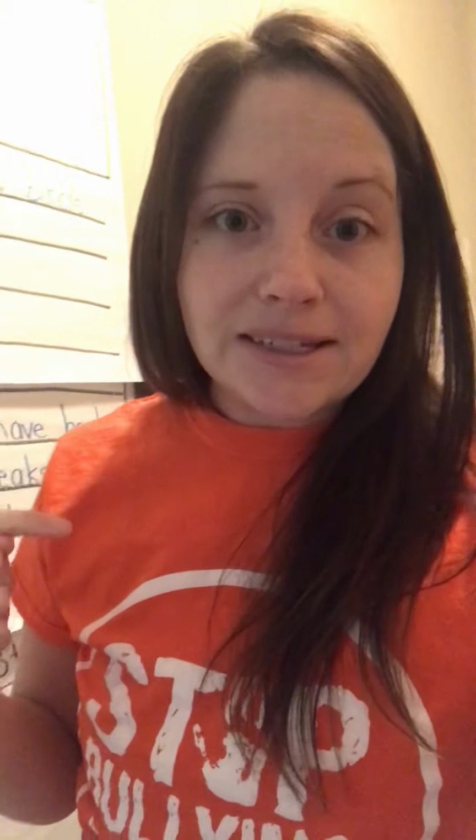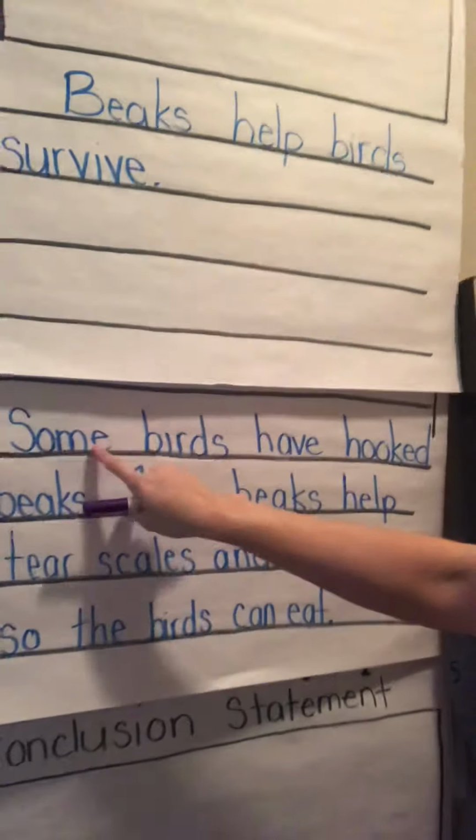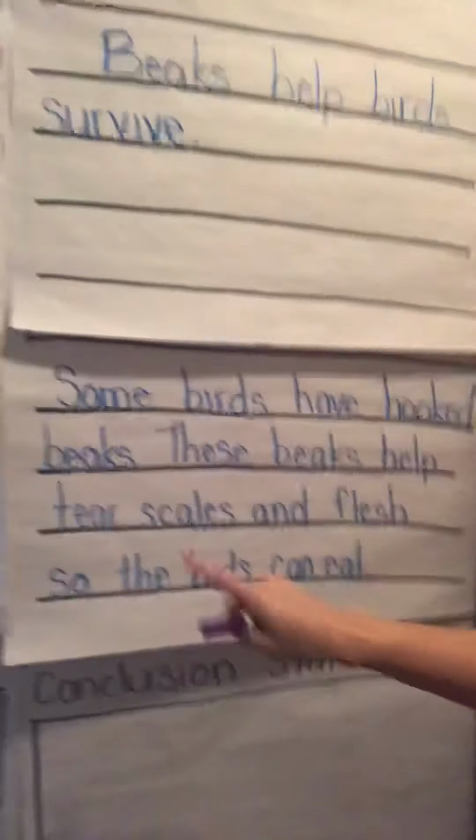And again, I have to think, is uneven a complete sentence? No, so I have to think of a way to make uneven into a sentence. So I'm going to kind of go off of how I put here. Some birds have hooked beaks. Instead of hooked beaks, I'm going to say some birds have uneven beaks.